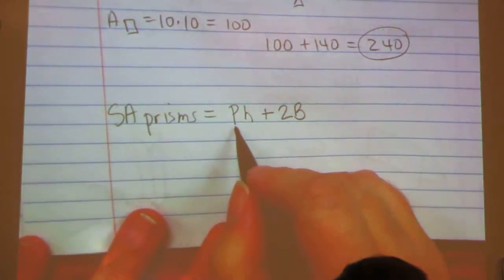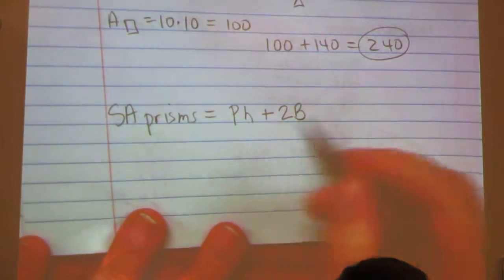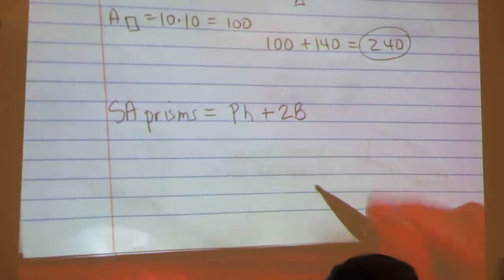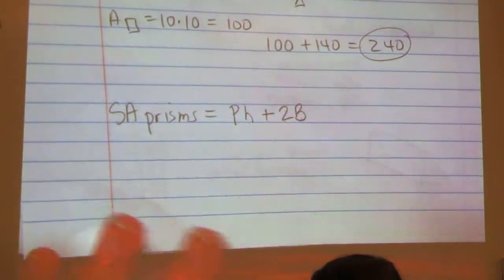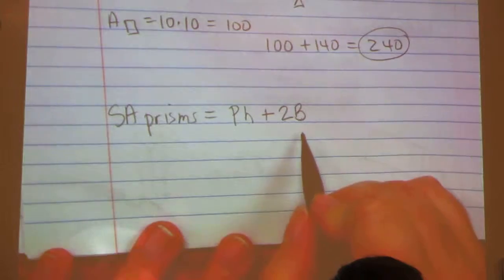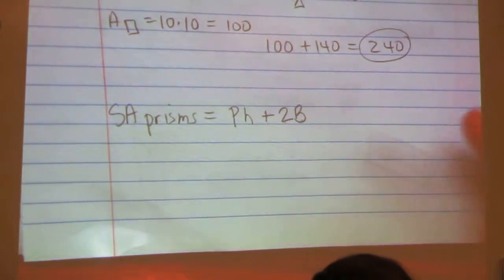So you could do the perimeter of the base times the height and add that to 2 times the base area. For a rectangular prism, you could do that. I like the nets better, but it's up to you what you want to use.